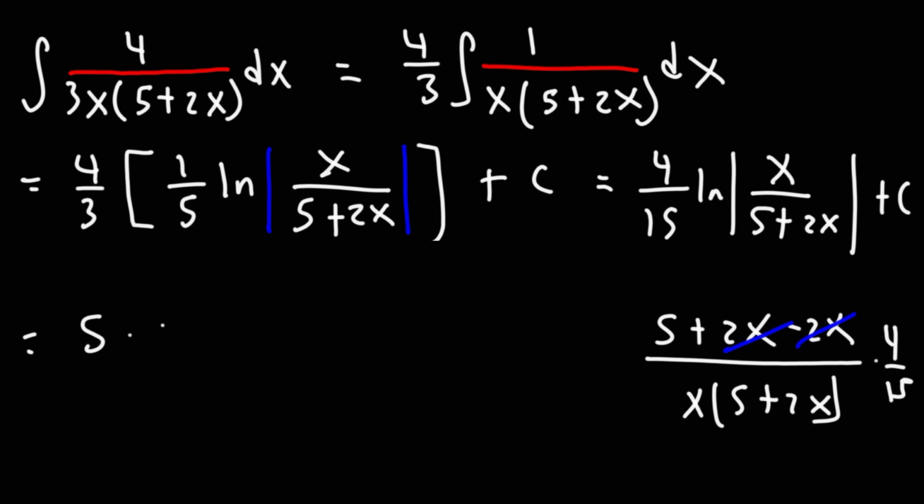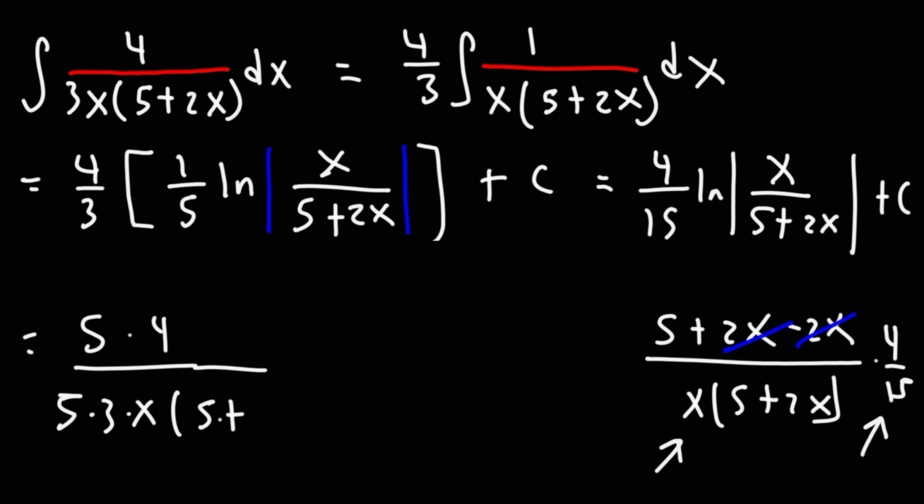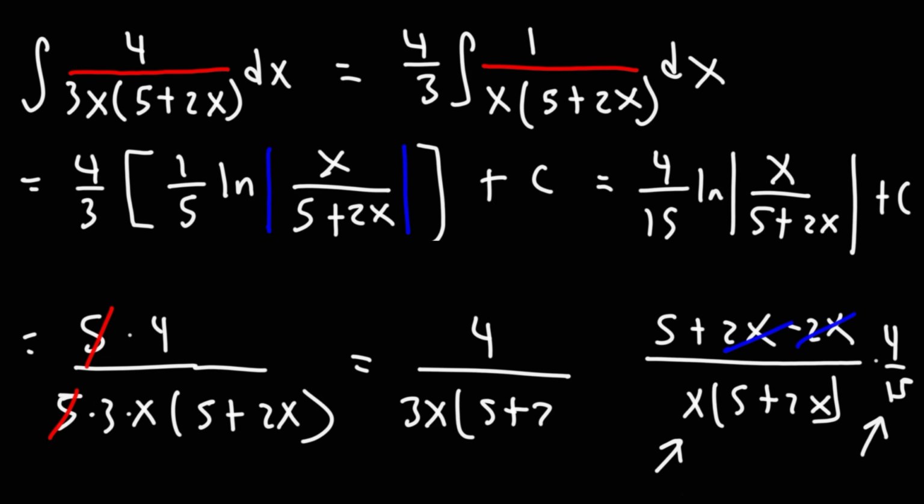So I have a 5 times a 4. The 15, I'm going to break into 5 and 3. And then I have an x, and then I have 5 plus 2x. So you can see the 5s will cancel, and then I'm left with 4 over 3x times 5 plus 2x.